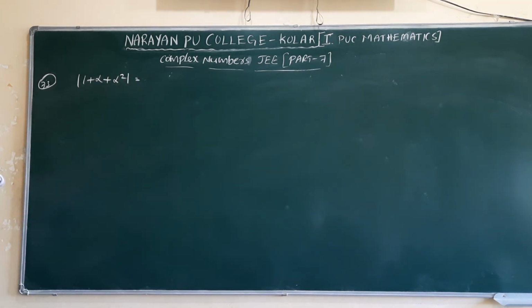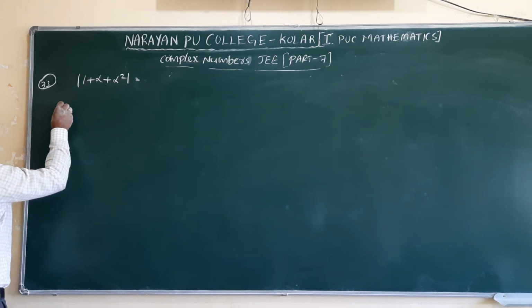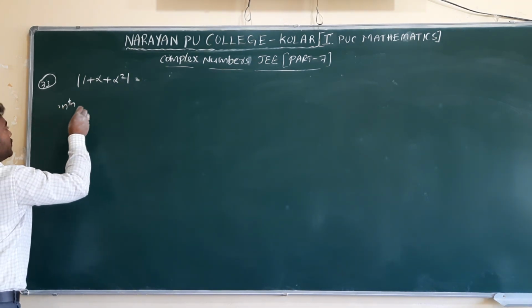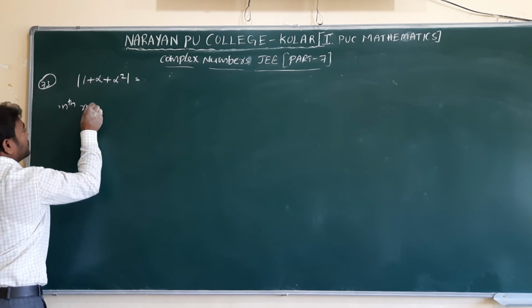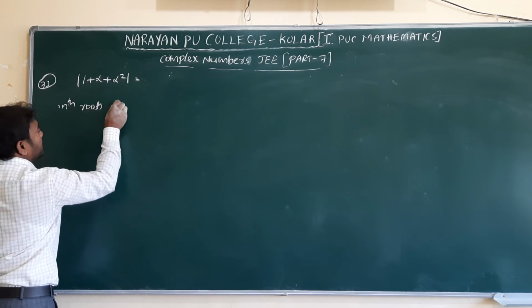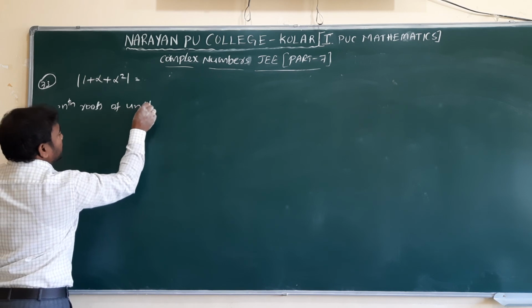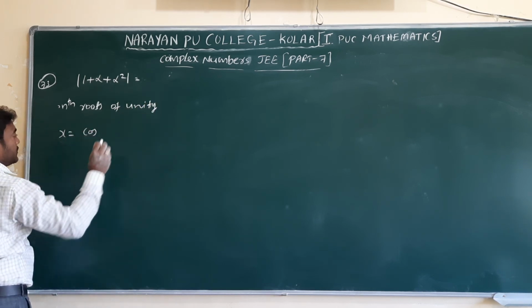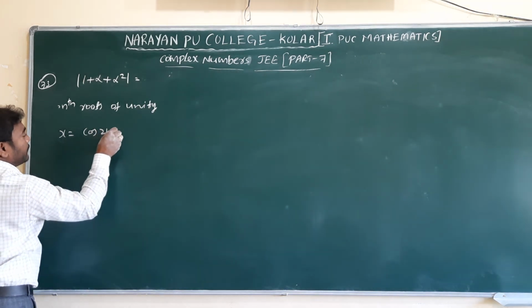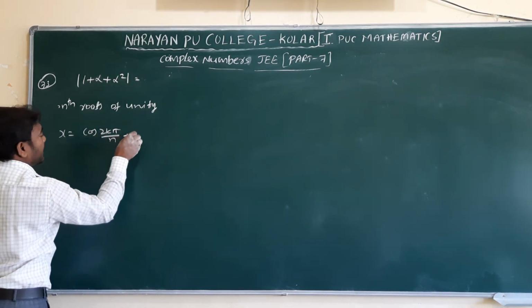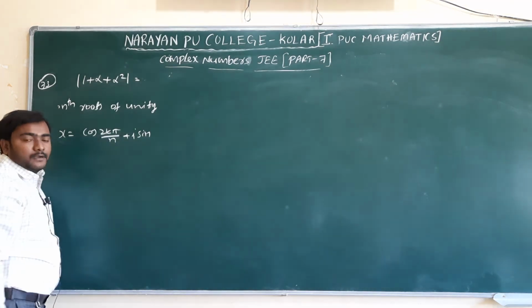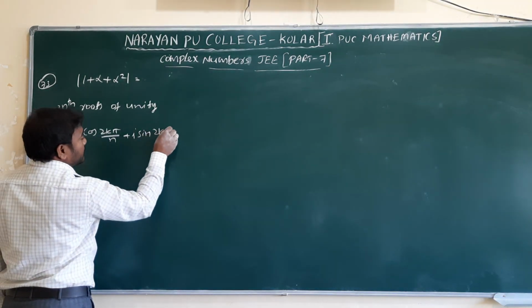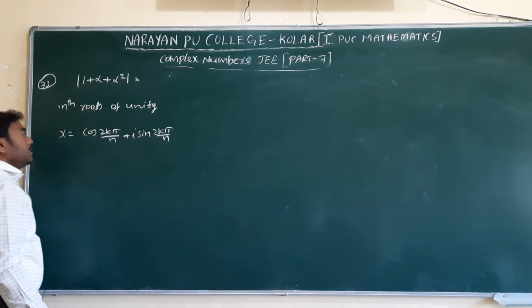So we know that the nth roots of unity in complex form are x equals cos 2k pi by n plus i sin 2k pi by n.